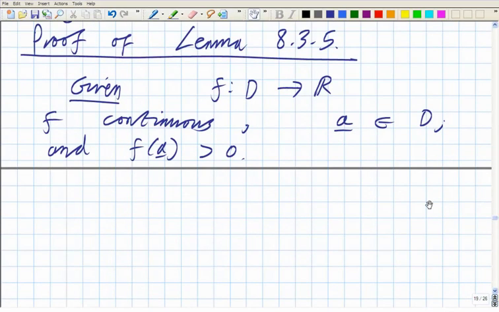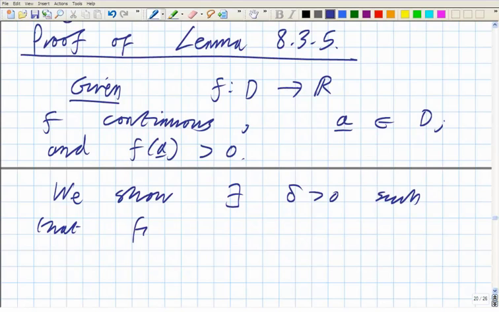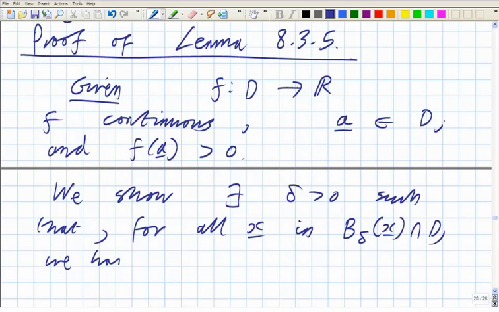And we have to prove that there is some positive real number delta, so that when you're nearby, the function stays positive, as long as you stay inside D. So we're trying to show there exists a delta greater than naught such that for all x in the relevant ball, B delta of x intersected with D, we have f of x is greater than naught.